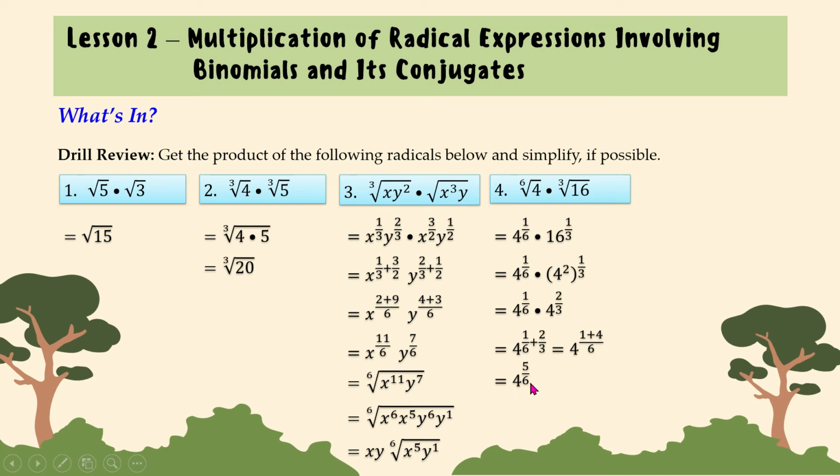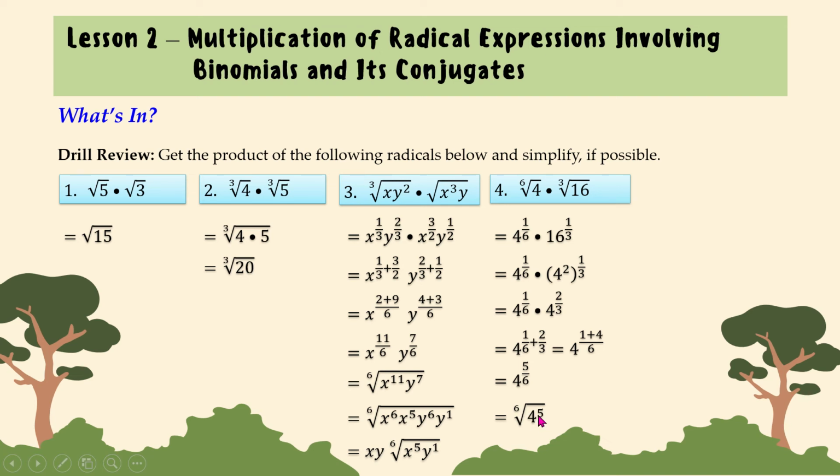So, same with example number 3, we can rewrite it back to its radical form. The index is 6, the base is 4, the exponent is 5. But since 5 as an exponent is lesser than 6, it cannot be factored out, no?